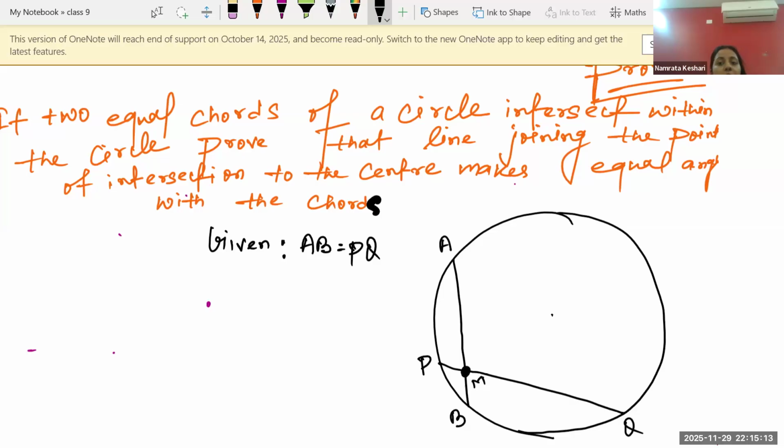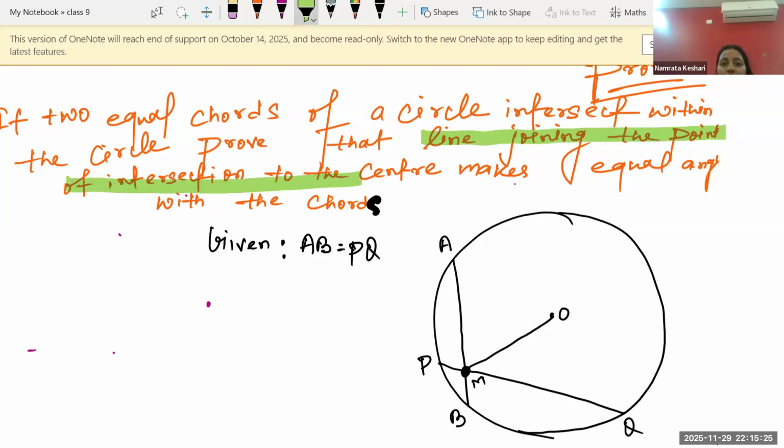See, here it is written: the line joining the point of intersection to the center makes equal angle with the chords. This line OM is making the same angle with the chords. That means angle M over here equals angle M over there, which we have to show.